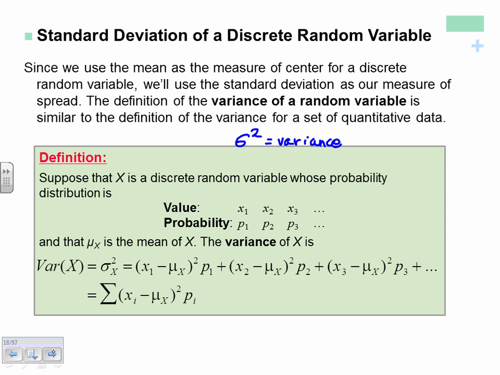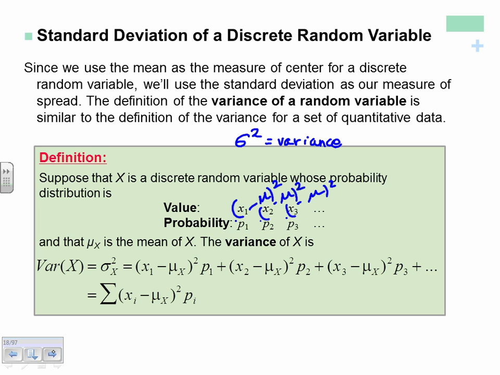Okay, so to find the variance of x, you're going to find the mean, take each value minus the mean, square those values, multiply them by the p-values, and add all of that up. But that's the variance. So if I wanted the standard deviation, what would I need to do?